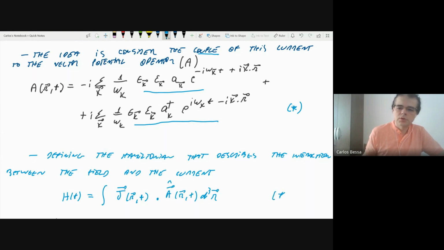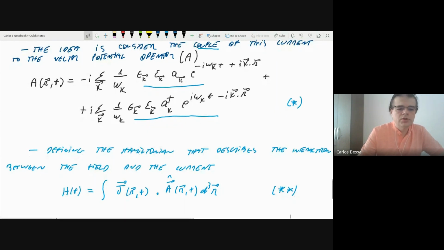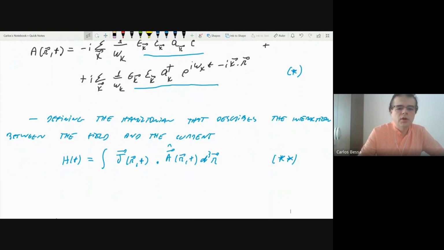I'll call this 3 stars. Okay, so this is the definition of the Hamiltonian. That's a classical term and a quantum term. Sometimes this is called a semi-classical field when you have this mixture. And to describe the dynamics, we use the Schrödinger equation.